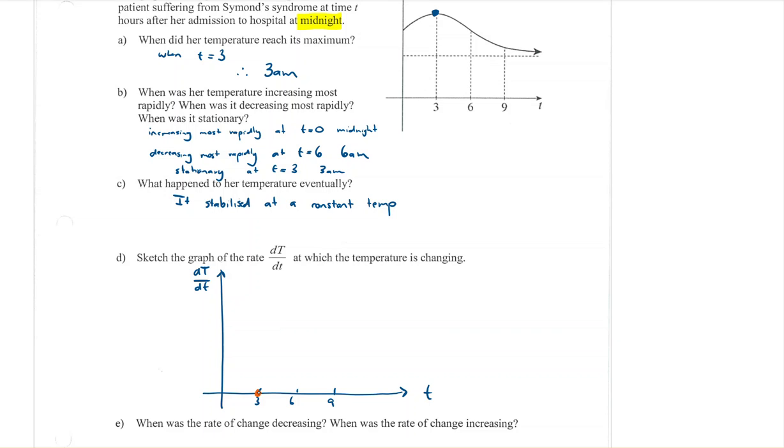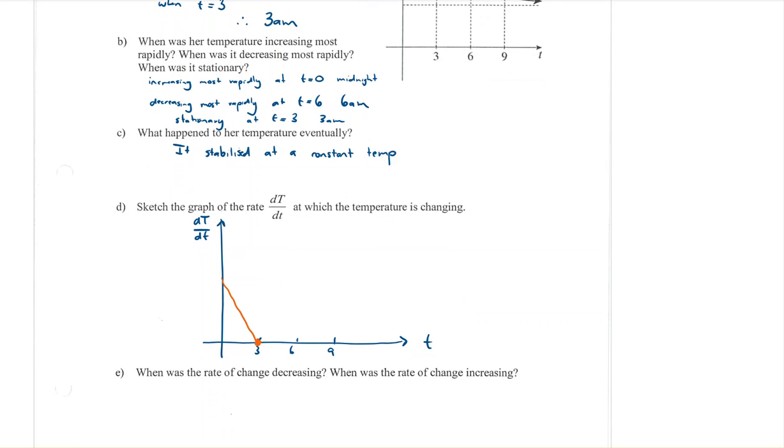Originally her temperature is quite high, but the rate at which it is increasing is going to start to slow down. So it's starting with a positive rate, but slowing down to a 0 rate.